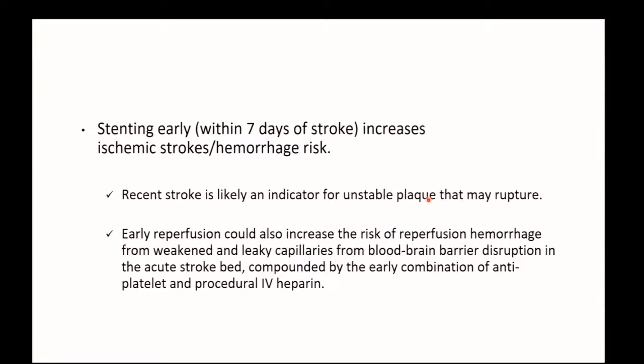And early reperfusion could also increase the risk of reperfusion hemorrhages from the weakened and leaky capillaries from the stroke bed. This is something we learned about even on the thrombectomy trials. And then you load with dual antiplatelets, and then you use procedural IV heparin. So imagine the future, there will be a role for stenting, but not early stenting.